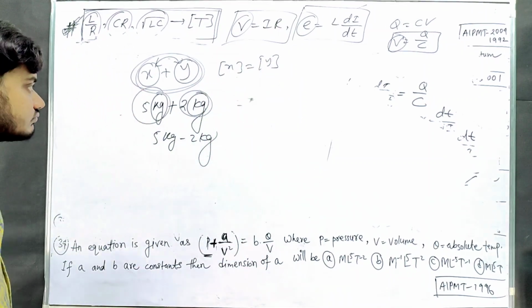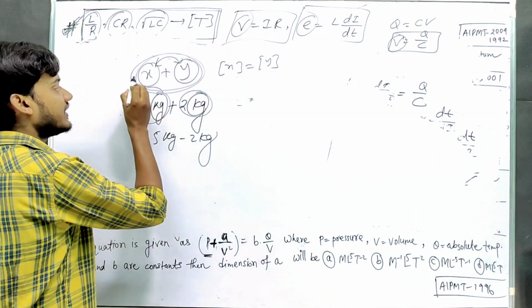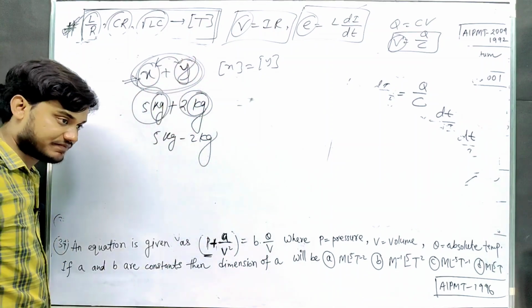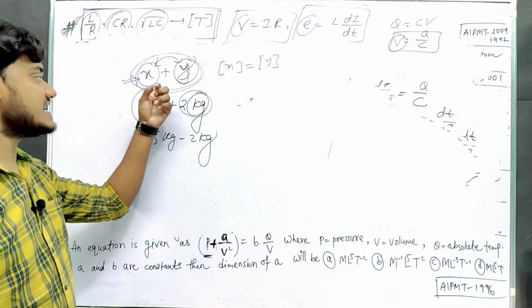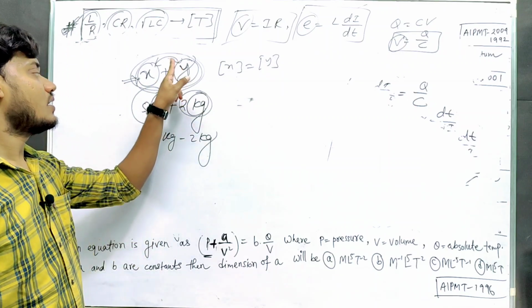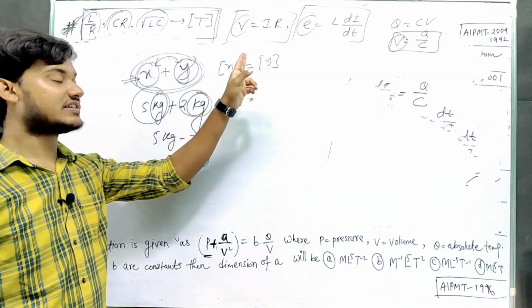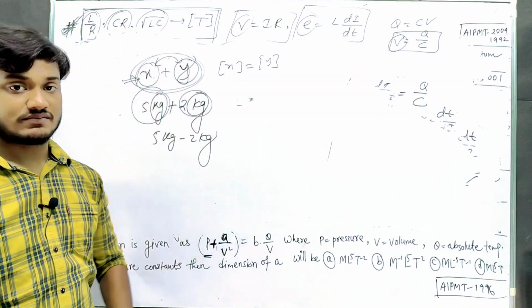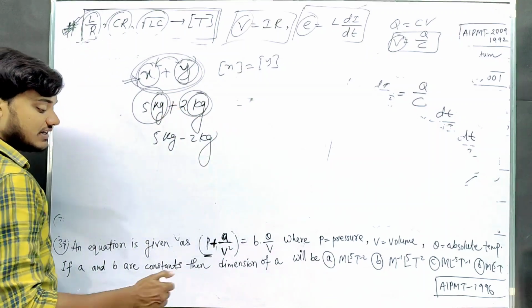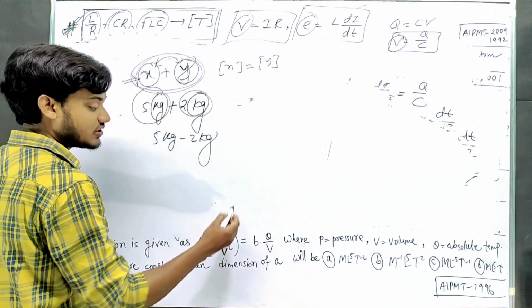So if we write two physical quantities x plus y or x minus y, in the form of addition or subtraction, it means both physical quantities have the same dimension. They are dimensionally equal. Again I am repeating this: if two physical quantities are in the form of addition or subtraction, then both have the same dimension. So dimension of P equals dimension of A by V square.